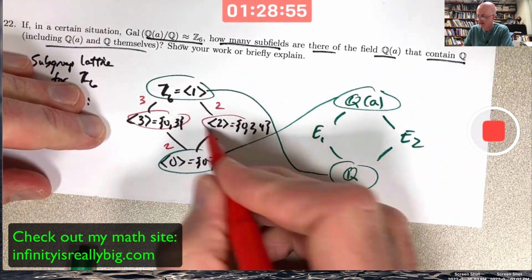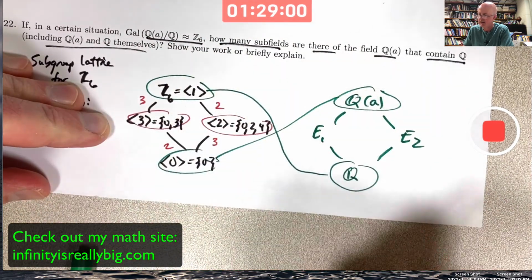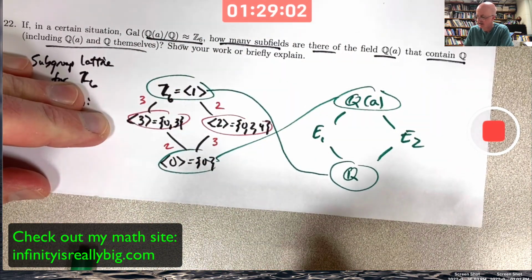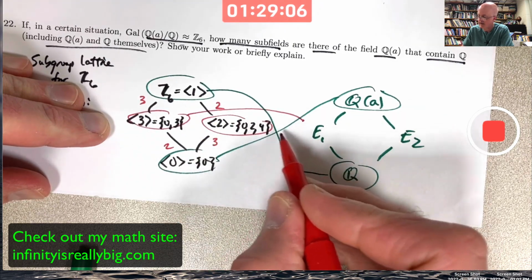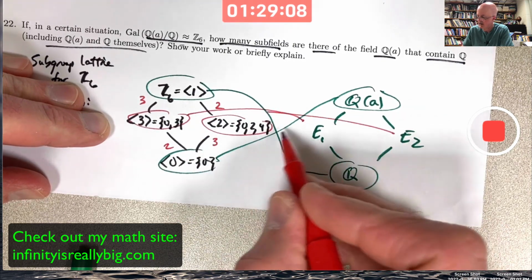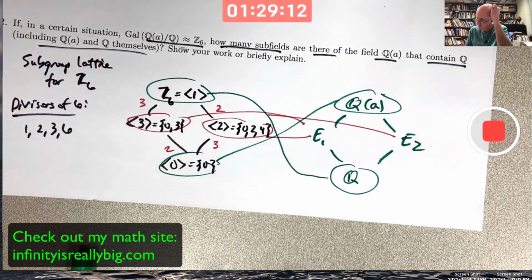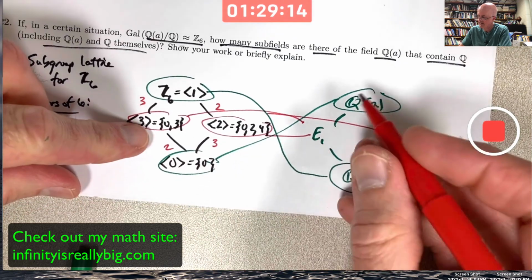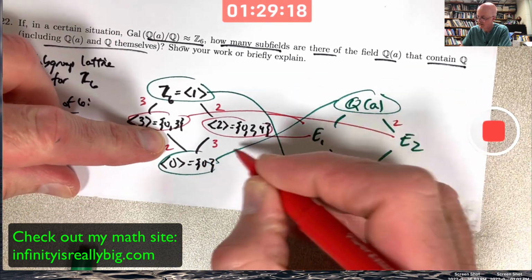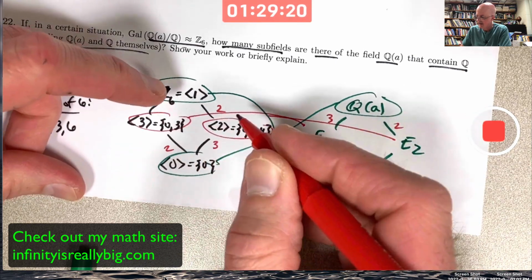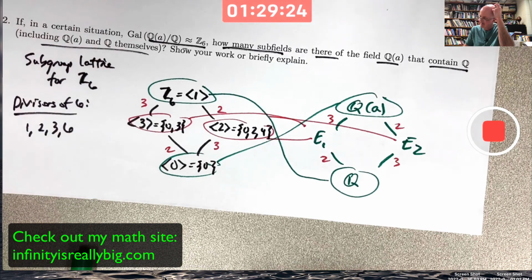if you think of them, the corresponding subgroups in the Galois group as being made up of automorphisms of Q of A that fix Q, will match with E1 and E2, although maybe I should do it the opposite there and there, just to remind myself that the flipping goes on. And the 2's and the 3's get matched up as well. I guess this 2 would go here, this 3 would go here, this 2 would go here, and this 3 would go over here, technically speaking.